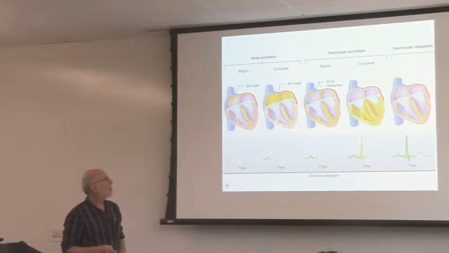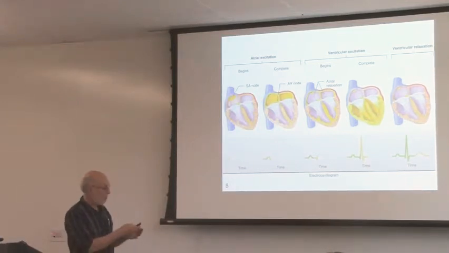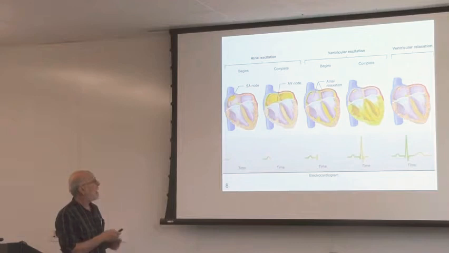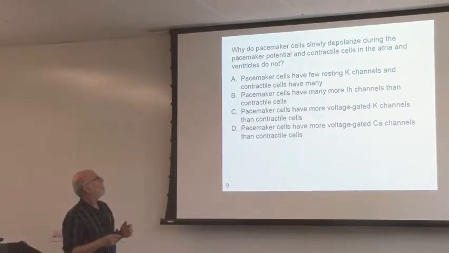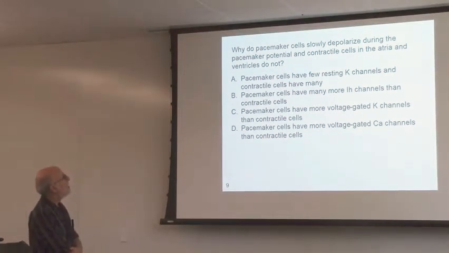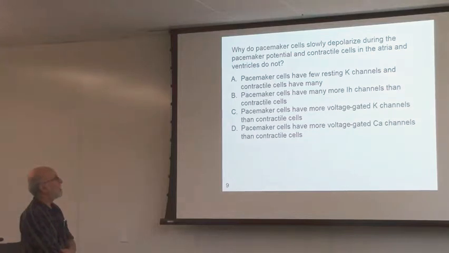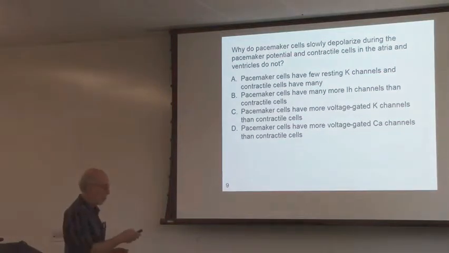Okay, so now we're moving along. We've covered this. Now we're going to talk about the spread, okay? Let's see, what is this question? Why do pacemaker cells, so that's SA node, slowly depolarize during the pacemaker potential, and contractile cells in the atria and ventricles do not?